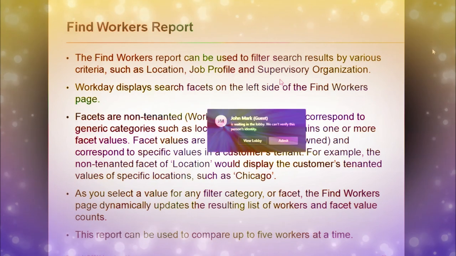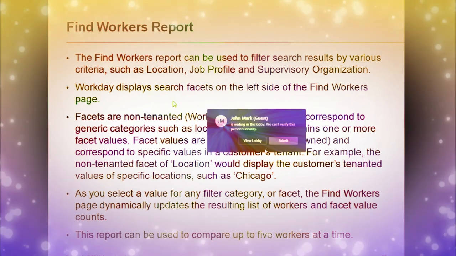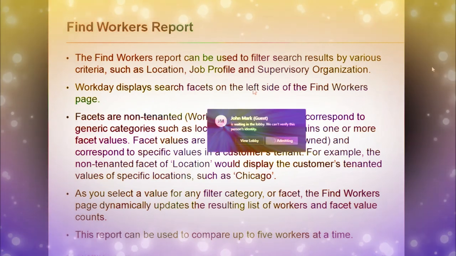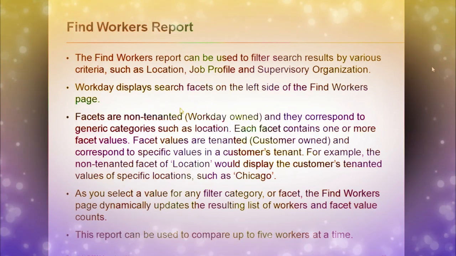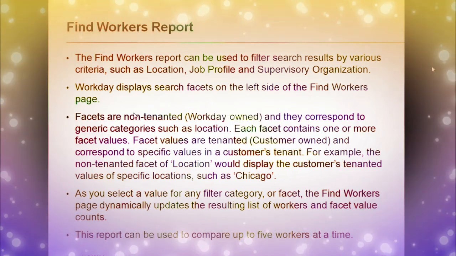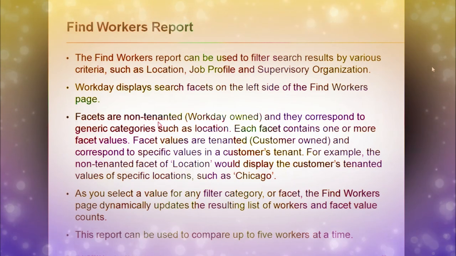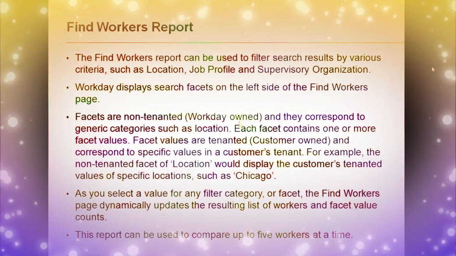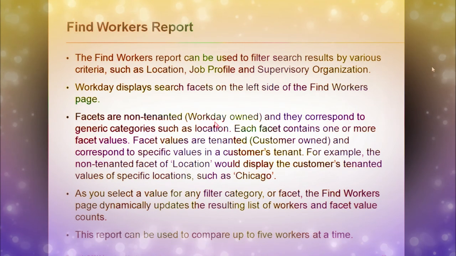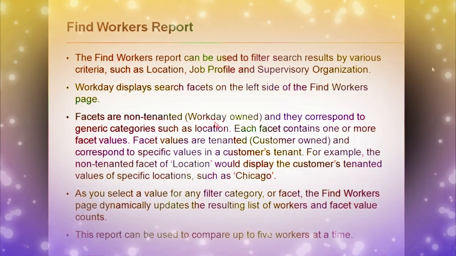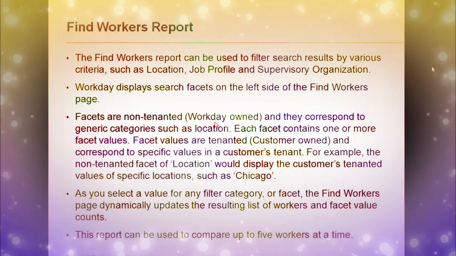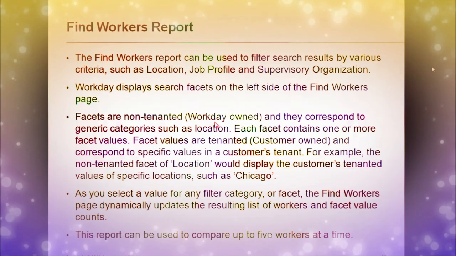Workday displays search facets on the left side of the Find Workers page, and facets are non-tenanted, that is, Workday owned. We cannot work on them. Tenanted is where we own it, where we pay for the tenant and we own it.